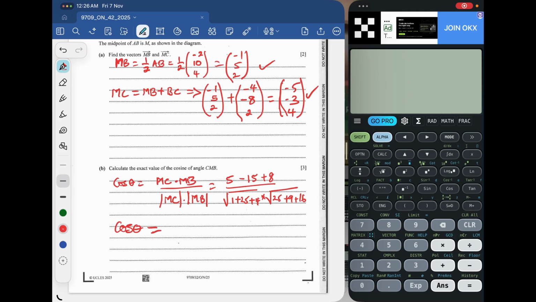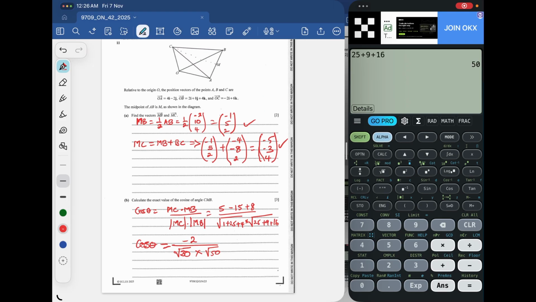Cos theta is minus 2, I think that's correct, right? 5 minus 15 plus 8 is minus 2, over the square root of 1 plus 25 plus 4, that's square root of 30, times 25 plus 9 plus 16, that's square root of 50. So that's the exact value of the cosine of the angle they are looking for.